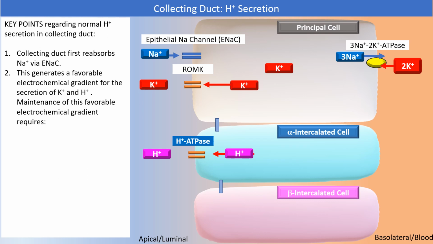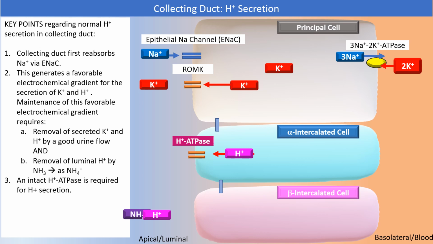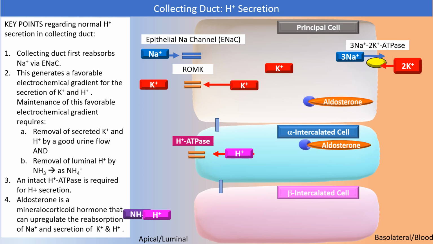The maintenance of this favorable electrochemical gradient requires removal of secreted potassium and hydrogen by a good urine flow, and removal of luminal hydrogen by ammonia as ammonium. An intact hydrogen ATPase is required for hydrogen secretion. And finally, aldosterone is a mineralocorticoid hormone that can upregulate the reabsorption of sodium and secretion of potassium and hydrogen.